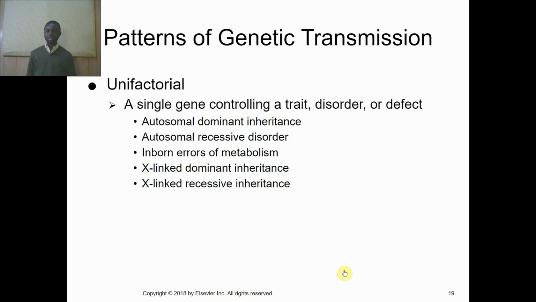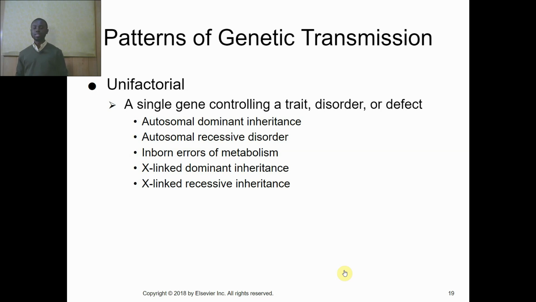autosomal recessive. The trait may not appear in all generations because it's recessive. Remember, we said the dominant trait is what is expressed. So for this to express, you actually need two genes from both parents for it to be evident or for it to be expressed. It appears in all generations of any one branch of a family.